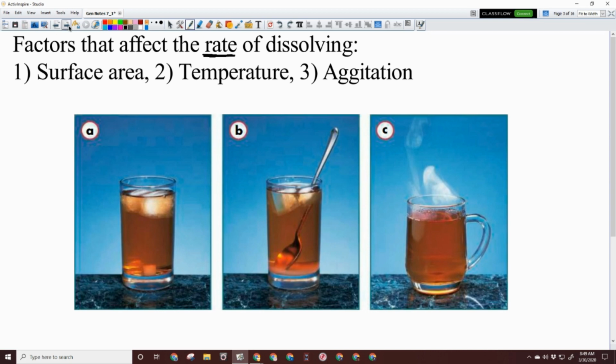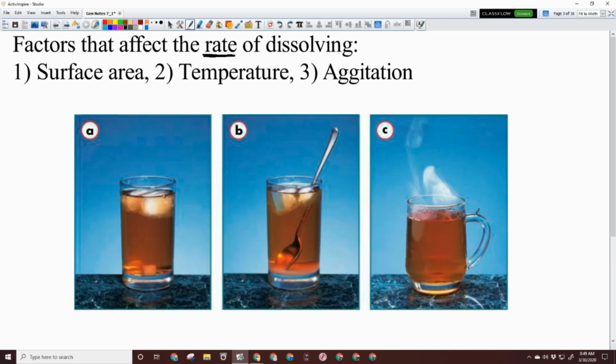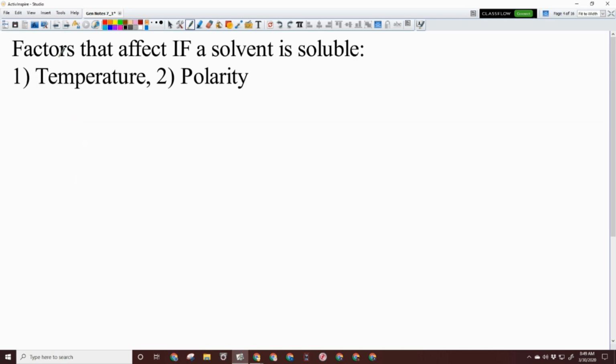Okay. All right. Factors that affect if a solute is going to be soluble. So here we're assuming that this is going to dissolve and we want to change the rate at which it dissolves. But factors that affect if it's going to dissolve, okay, those two factors are temperature and polarity.